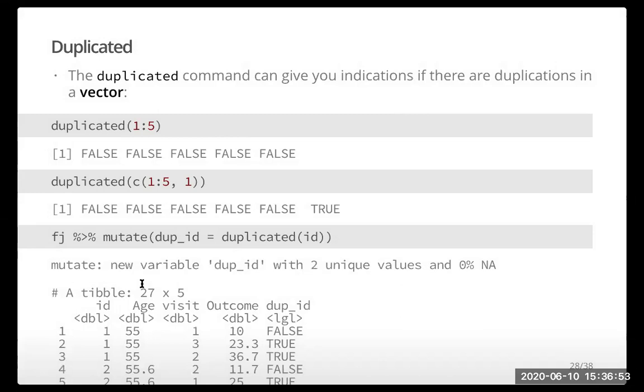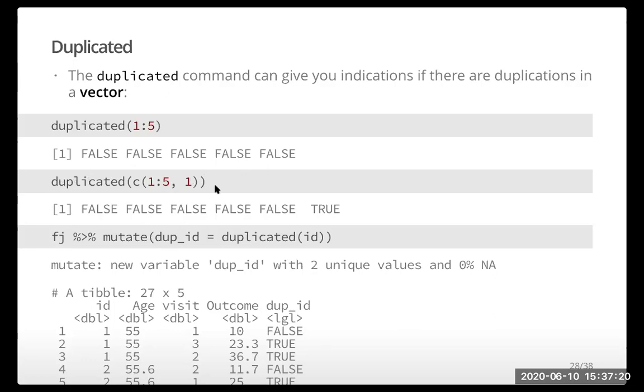So sometimes people ask, what does the duplicated function do? Is that used for merging? It's not really. What it does is when you pass in a vector, it gives you true if that element has been duplicated, and it becomes true on the first instance and every instance after that. So here, 1:5 is just giving me 1, 2, 3, 4, 5, and then I'm appending 1 to this. We say duplicated, none of them are duplicated.